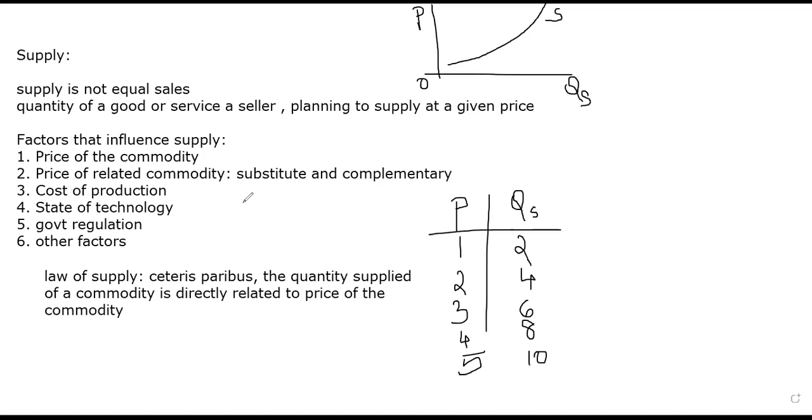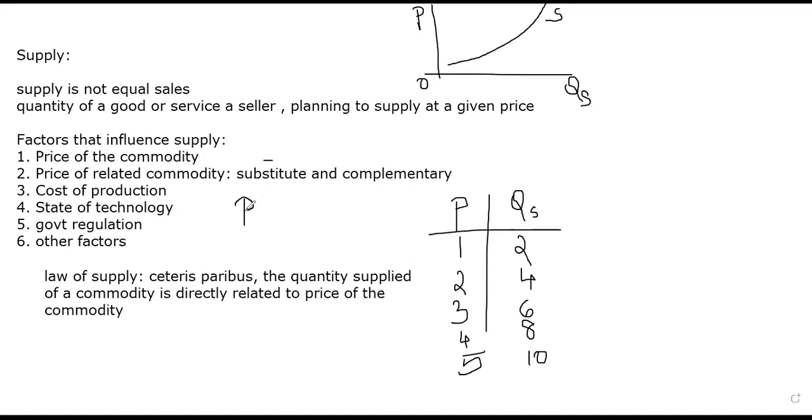Then price of related commodity. Second factor is price of related commodity. As one of your members already mentioned, if price is lesser, we would be switching from the existing job to another job which is going to pay you more. You are substituting. That means you will have a negative relationship.